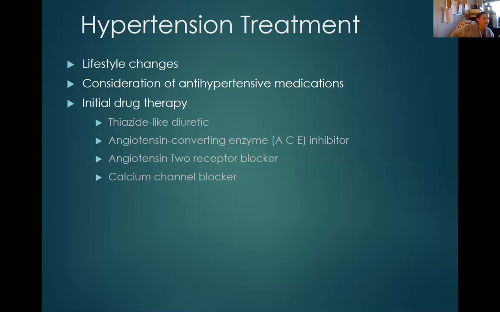Then we have ACE inhibitors, or angiotensin-converting enzyme inhibitors. So we talked yesterday about that renin, aldosterone, angiotensin 1 and 2, and that process of enzyme development to increase the blood pressure by kind of holding on to some of that fluid and that sodium. And so here we have something that's doing the exact opposite. As it shows you here, it's saying that we're going to inhibit that.